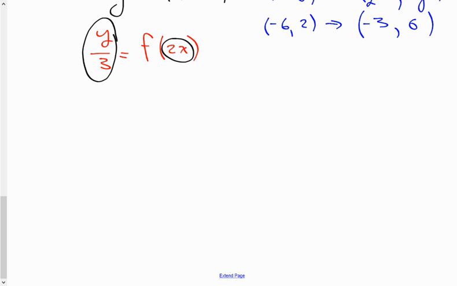The same thing happens here when that parameter is grouped with the variable it's affecting. It does the opposite of what it looks like. So the y values aren't 1/3 as big. They're not divided by 3. They're actually 3 times as big. So if we were always to rearrange it so that the parameter is with the variable it's affecting, it would always be doing the opposite of what it looks like.